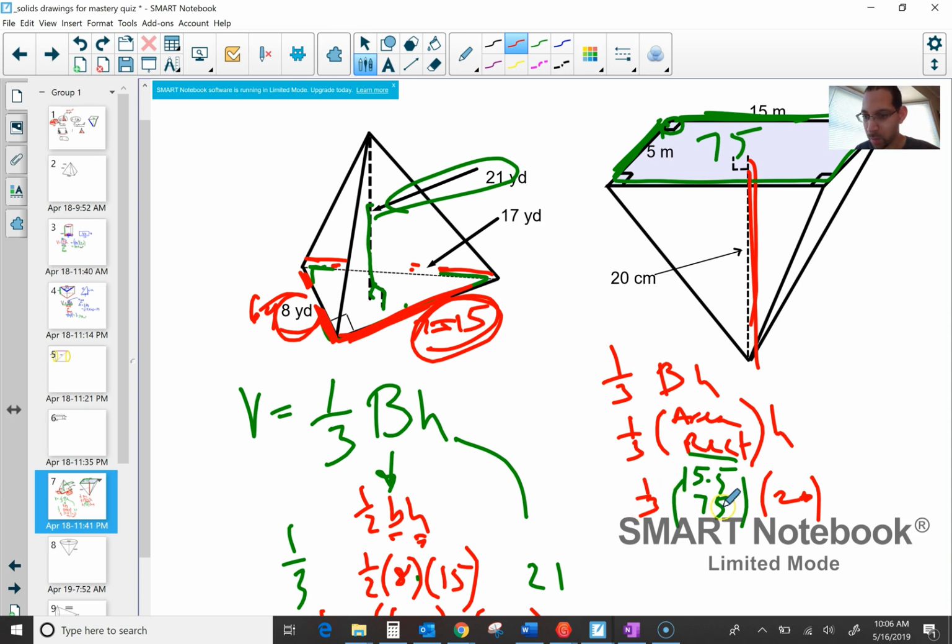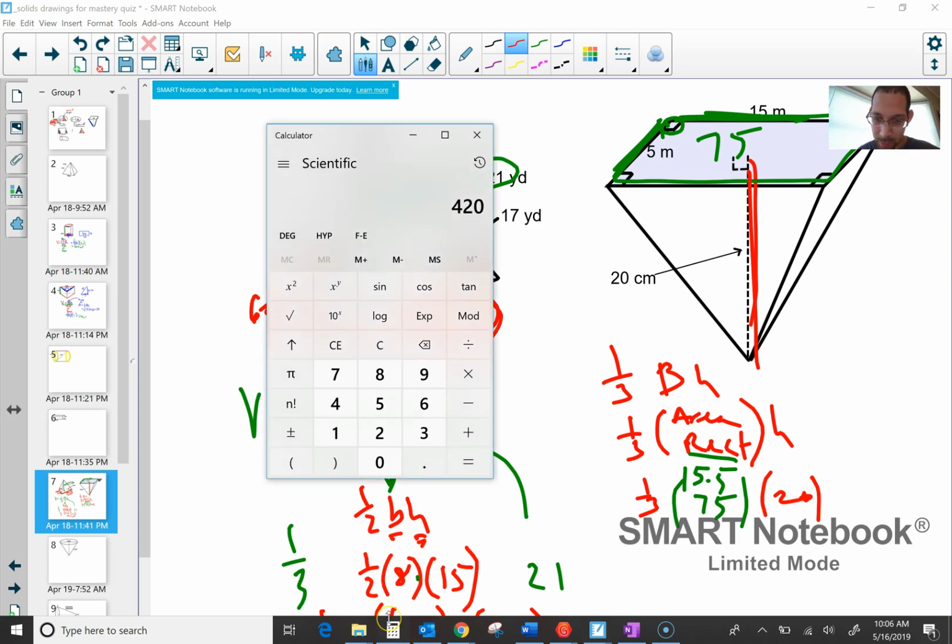So 1/3 times 75 times 20. I don't know the answer off the top of my head. I could punch it in a calculator. You could do 75 times 20 and divide by 3, which is the same as multiplying by 1/3. I know that 1/3 of 75 is 25, and 25 times 20 is 500.